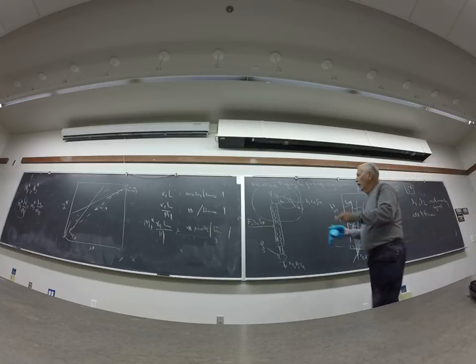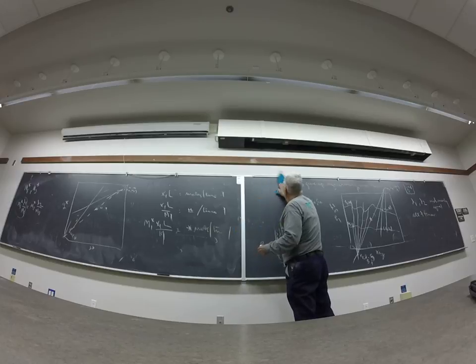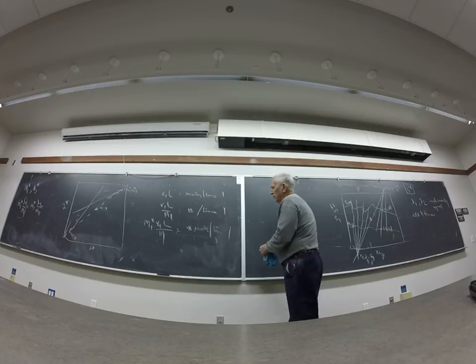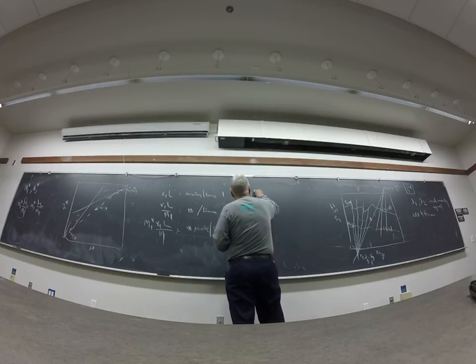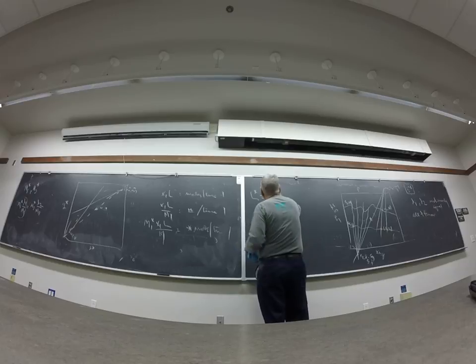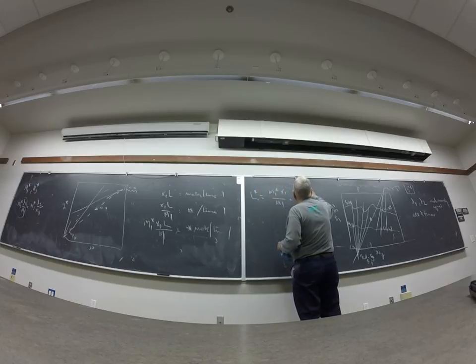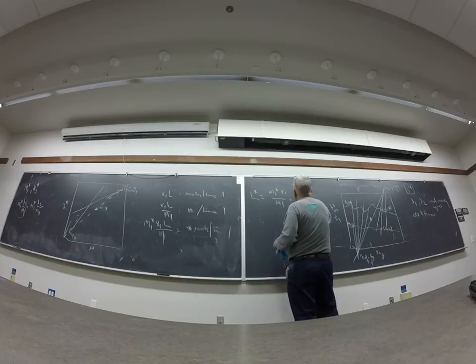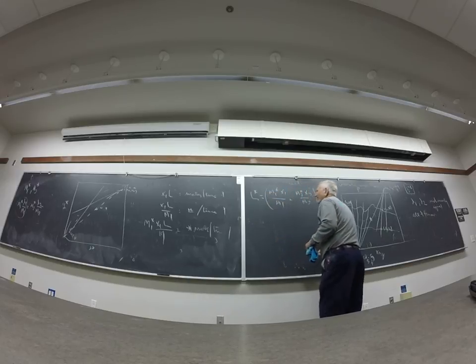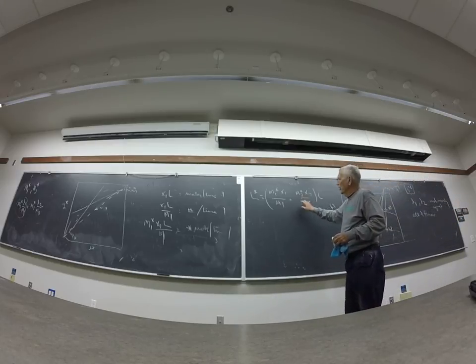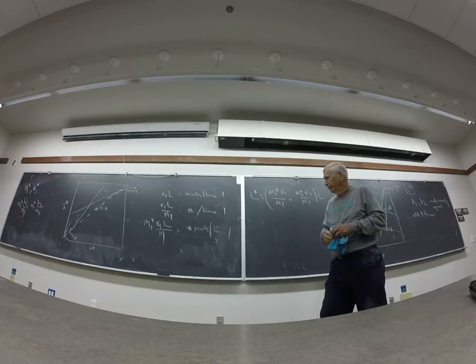So L star is got to be M1 star X1 over M1 plus M2 star X2 over M2 times L. That means anytime I have a flow in this thing, and I know its composition, I can get the starred flow.